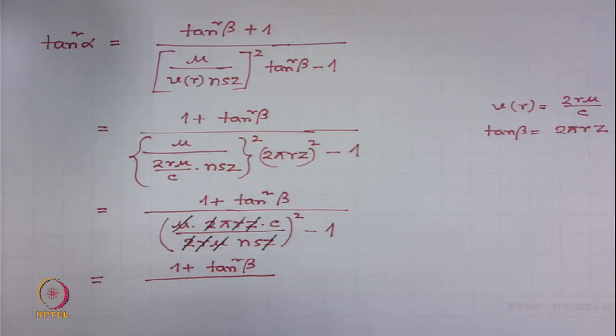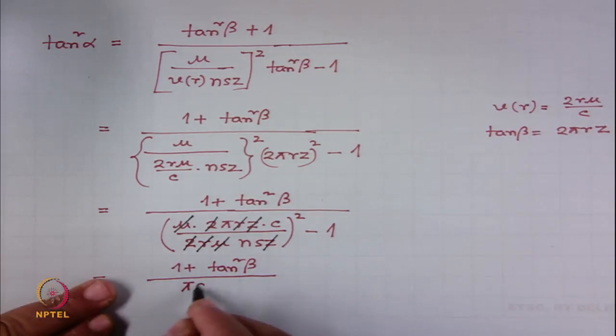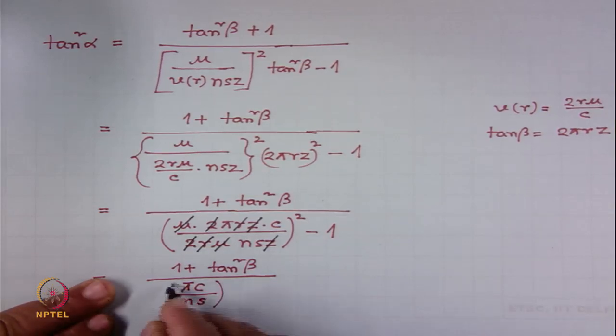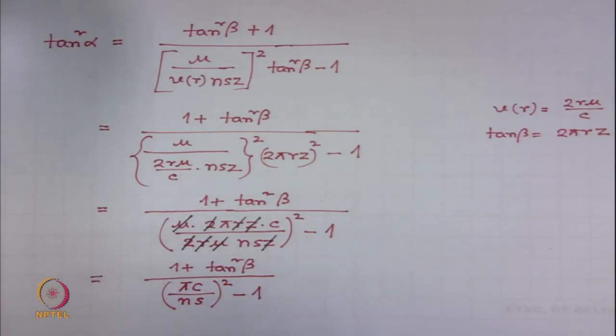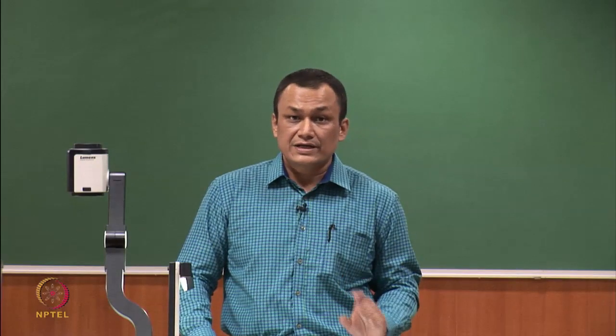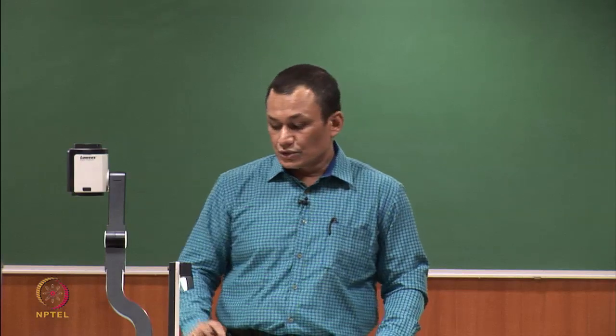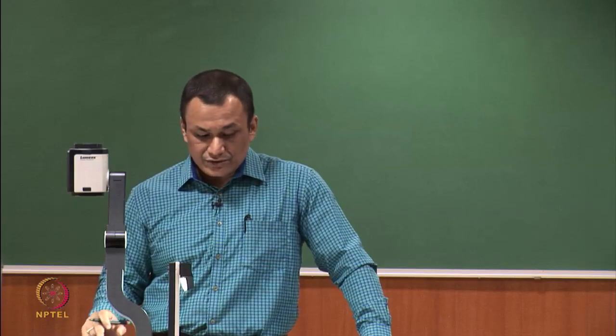So, we are left with a simple form pi into c n into s square minus 1. Pi is a constant, small c is a constant, n number of fibers in the cross section of yarn is constant, small s is fiber cross sectional area, that is also constant. So, pi c divided by n s is a constant.